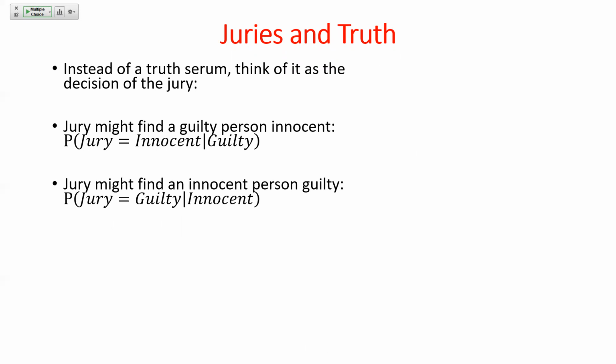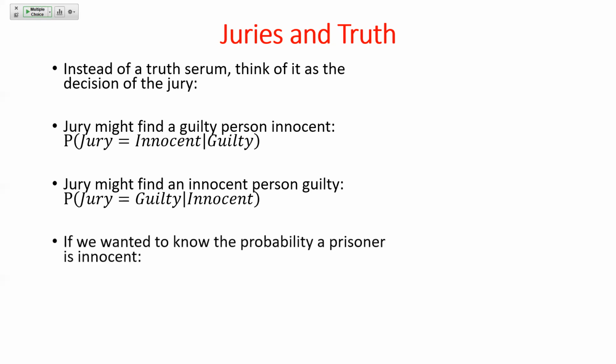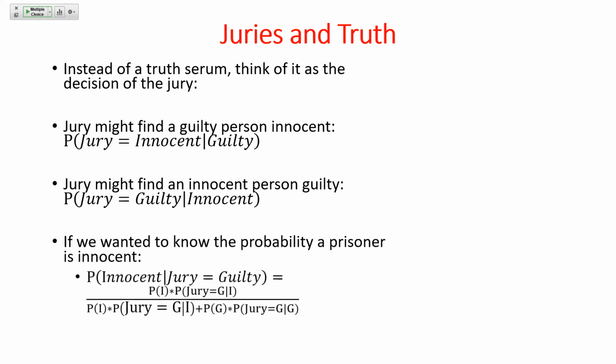The Innocence Project is a not-for-profit that does this. We can go back and look at some of that old case reversal data and get an idea about what these probabilities are. Then we might want to know, given that someone's in prison, or that the jury found them guilty, what's the probability that they are actually innocent?